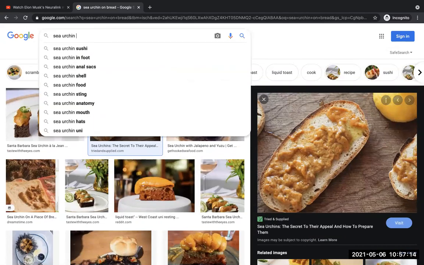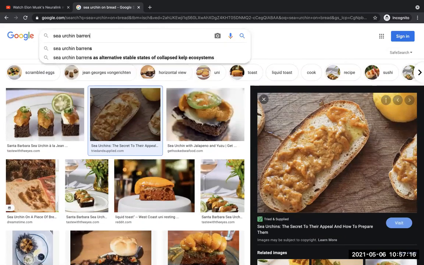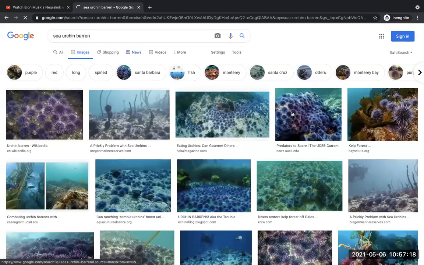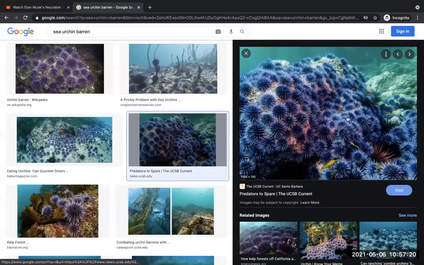Also, sometimes these sea urchins, their population gets out of control. And then you can see the barrens, there's lots of them. And if this happens, it's going to eat all the seaweed and kelp, and that's going to mess up the whole ecosystem and all the marine organisms that maybe live on kelp and seaweed. So it's basically going to mess up the whole system.